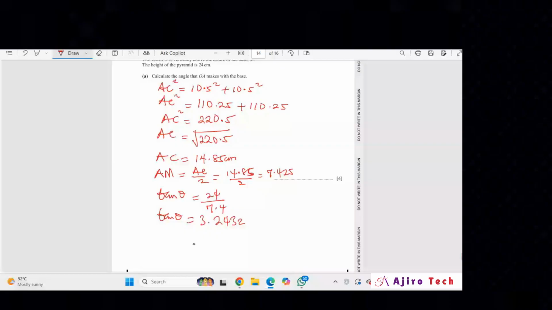So theta is equal to tan inverse of 3.2432. You do tan inverse of that, and that will give us 72.8. So this is the angle we're having, 72.8. This is the angle OA makes to the horizontal.